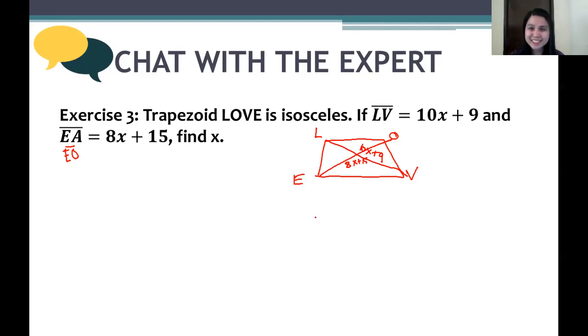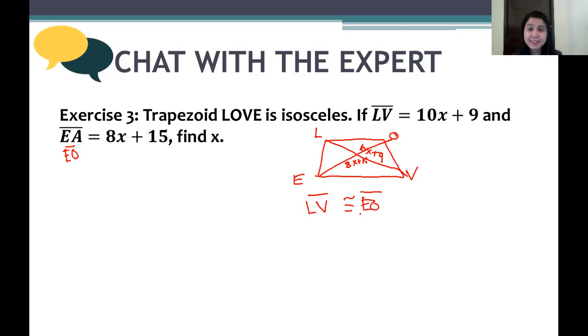Now, in your chat boxes, help me in this problem. Trapezoid LOVE is an isosceles. If LV measures 10x plus 9 and EO measures 8x plus 15, we need to find the value of x. Now remember that our theorem states the diagonals of an isosceles trapezoid are congruent. So it means that LV is congruent to EO.